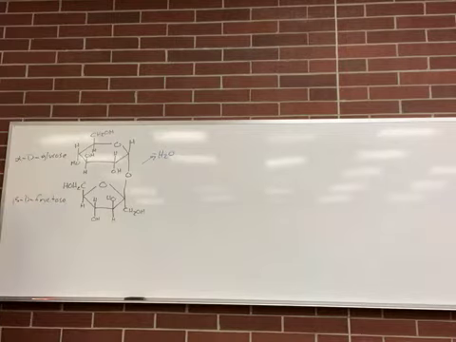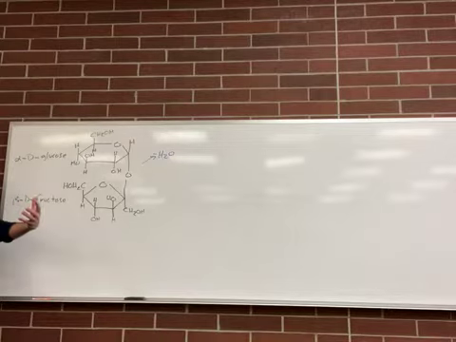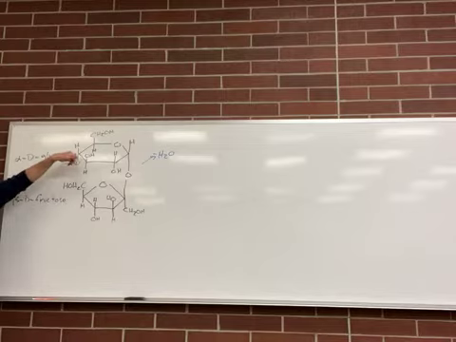Once you draw that, listen to this. Before, I don't have to tell the person that I'm describing the disaccharide to whether this hydroxyl group is up or down. Why is that?